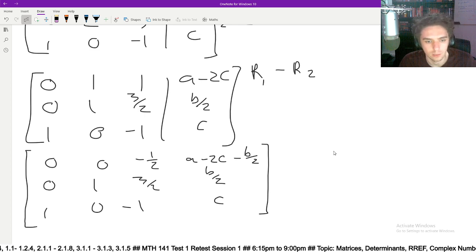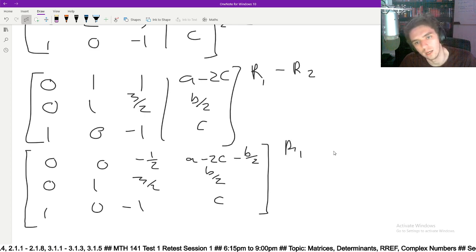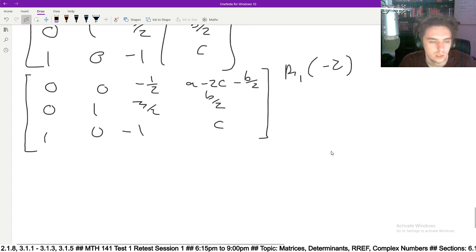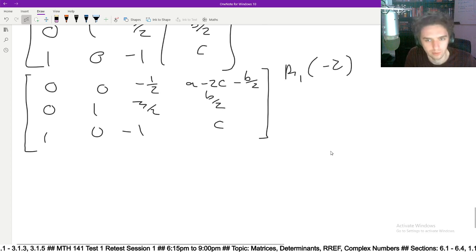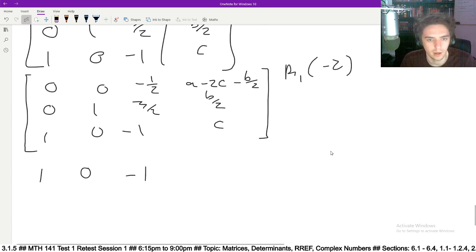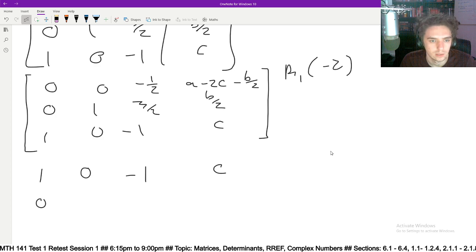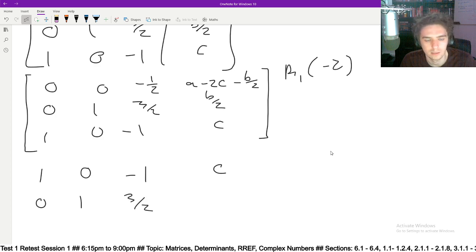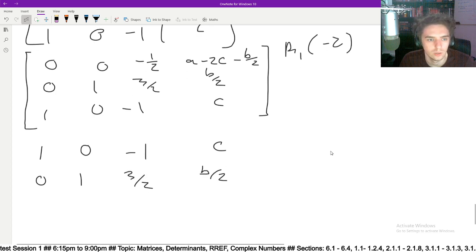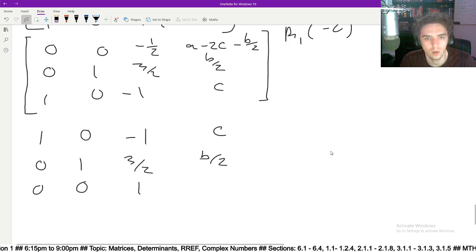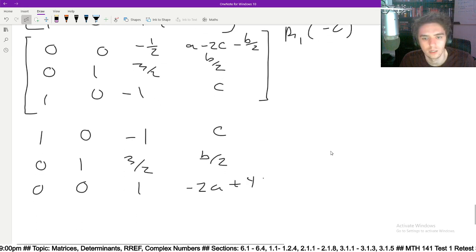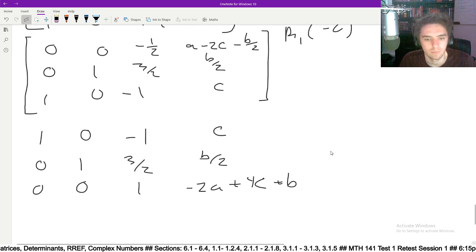And then I'll multiply row 1 by negative 2, and also move things around, so doing a bunch in one go here. C, 0, 1, 3 halves, B over 2, 0, 0, 1. And then this will be negative 2A plus 4C plus B. Okay.